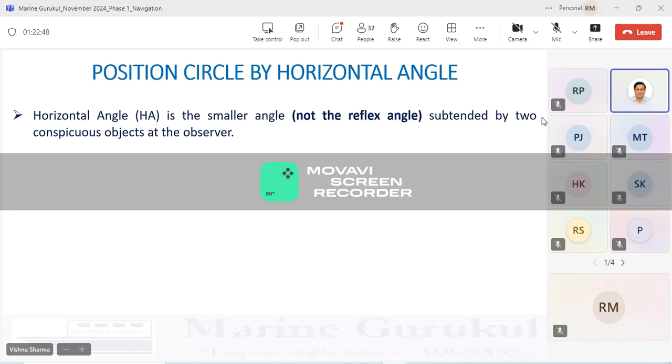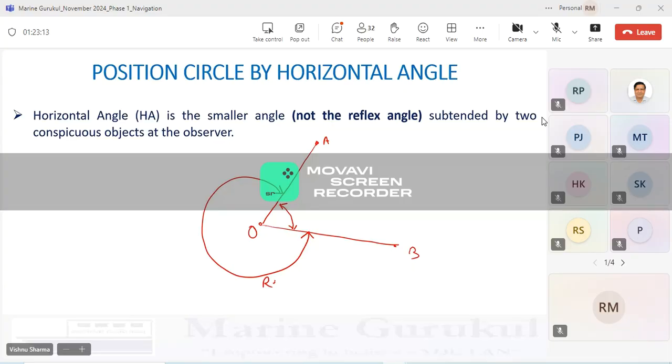Horizontal angle is the smaller angle and not the reflex angle. Now, guys, if here is the observer, here is A, here is B, there are two angles subtended at the observer. One is this angle, which is smaller, and the other is this bigger angle, which is called the reflex angle. We will always take the horizontal angle as the smaller of the two.